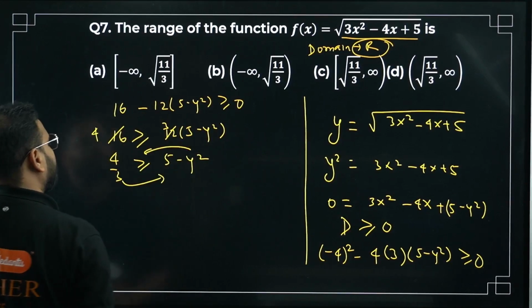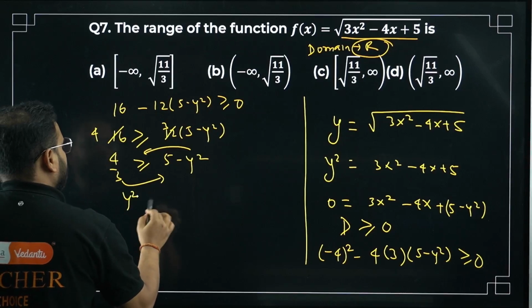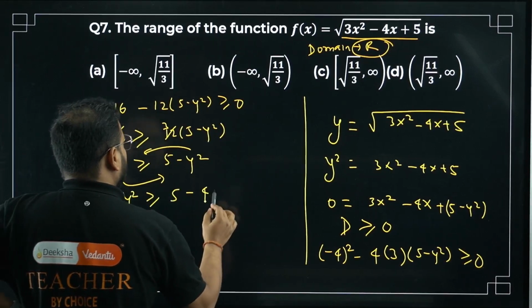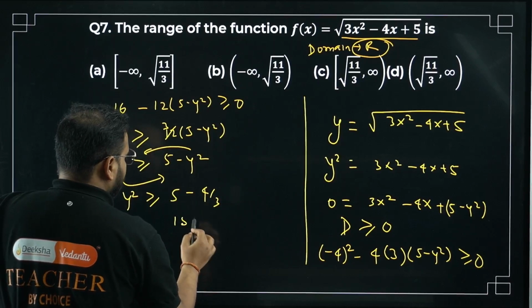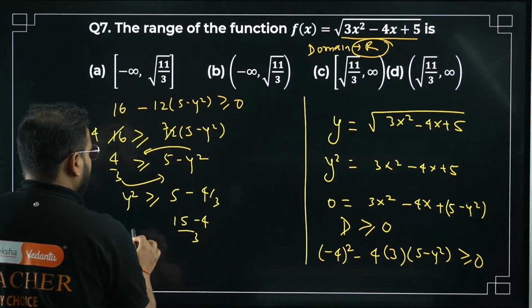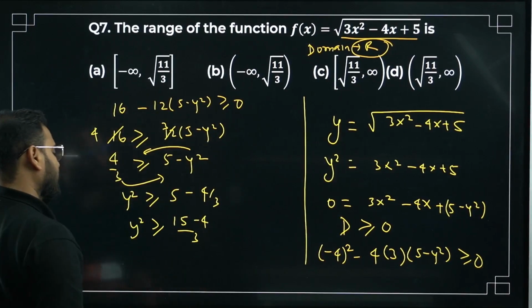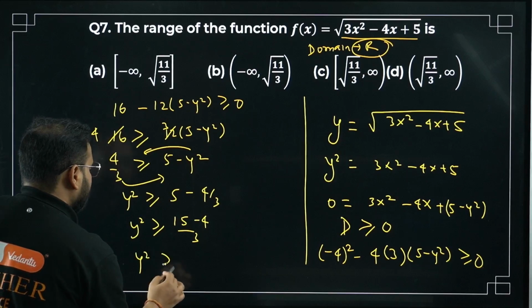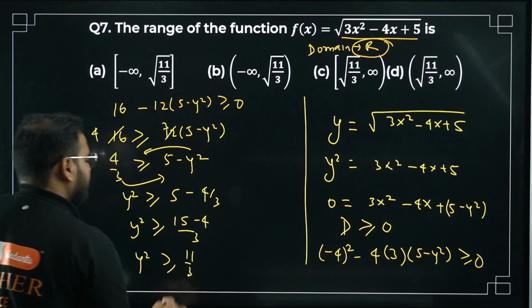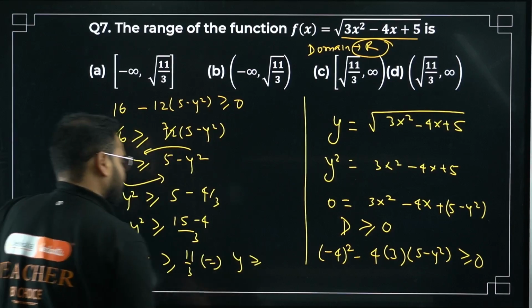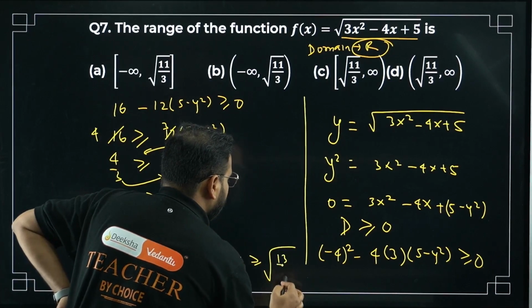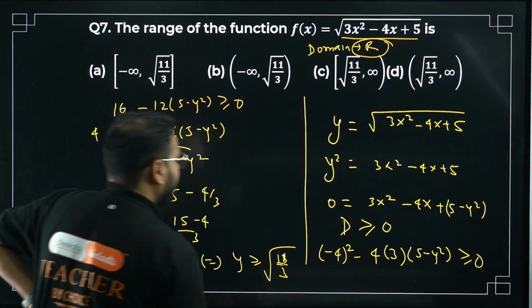Bring this term on this side: y square is greater than or equal to 5 minus 4 by 3. Take LCM now, you get 15 minus 4 by 3, and y square is greater than or equal to that value. So y square is greater than or equal to 11 by 3, which will give me, take the root now, y is greater than or equal to root 11 by 3.